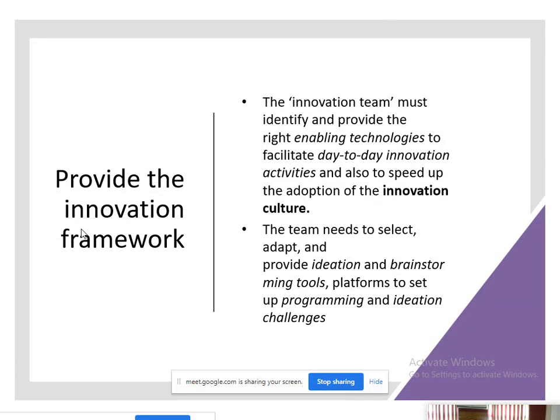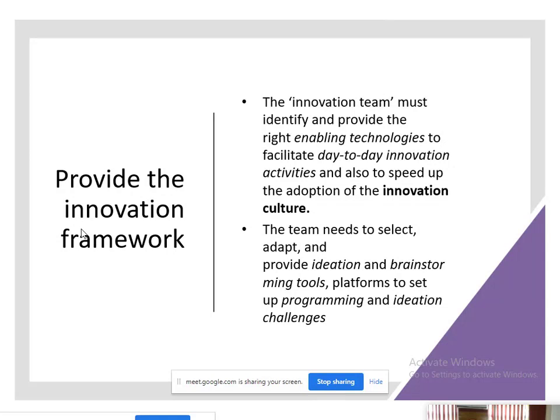That means the innovation team must identify the trending technologies so that they can apply these technologies in their day-to-day life, and whatever innovation activities they do, they must enable their technologies in those activities and speed up those things. That means they must practice their programs and technology so that they see whether it is working in the innovation culture or not.